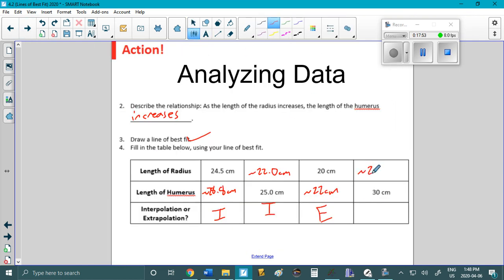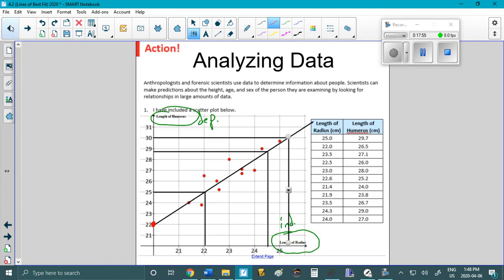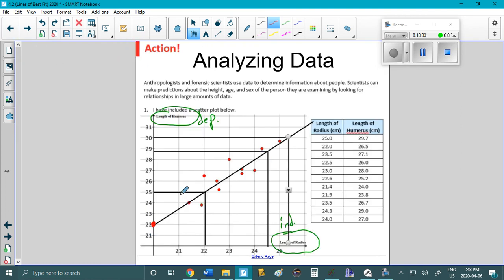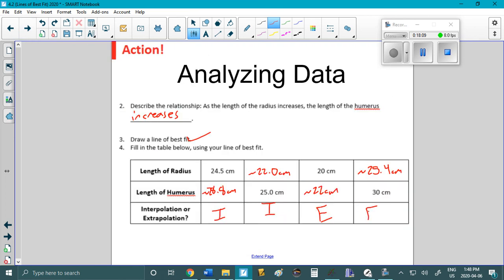So about 25.4 or 25.3. It doesn't matter. Either one of those is great. Is it interpolation or extrapolation? Well, here's the data. It's a little bit outside, but still outside of it, so it is extrapolation. So there's your answers to that.